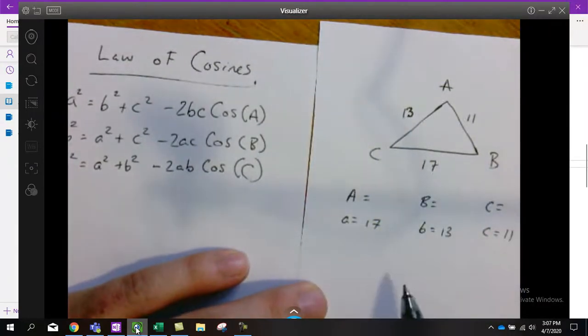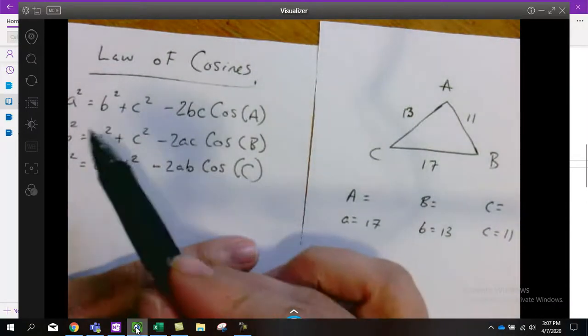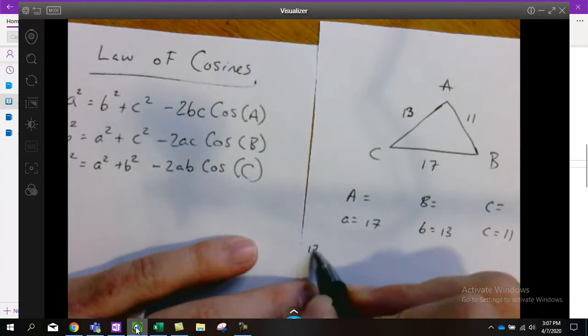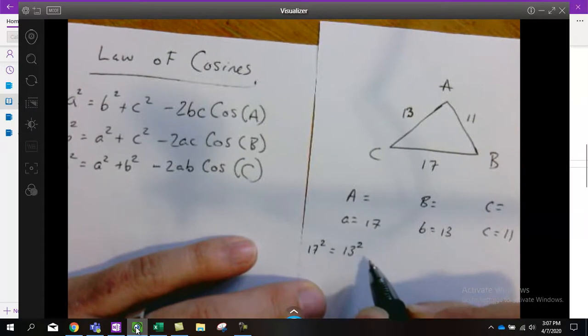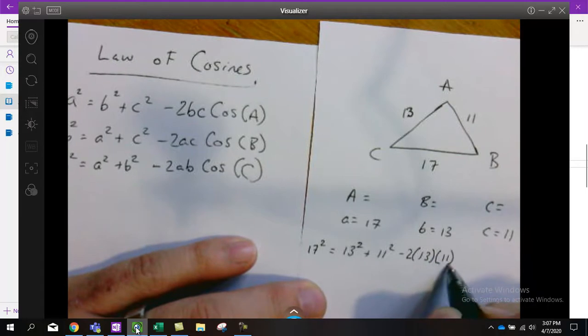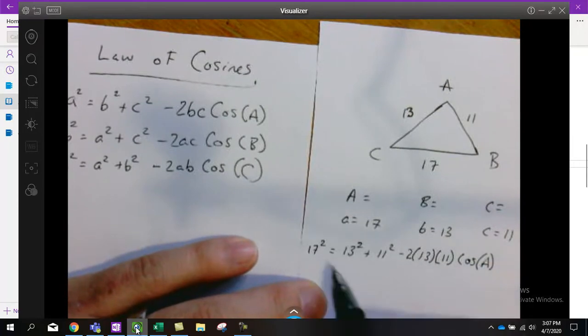We're going to go directly across the triangle. So I look at this first equation: a squared, 17 squared equals b squared plus c squared, 11 squared, plus 2 times 13 times 11 times cosine of the unknown capital A. Remember, I started with little a.